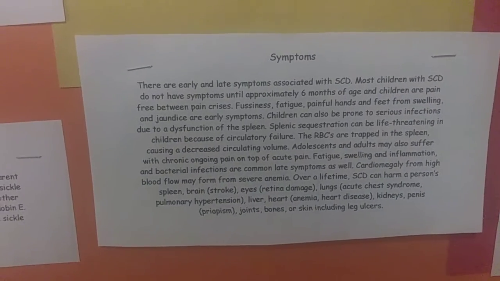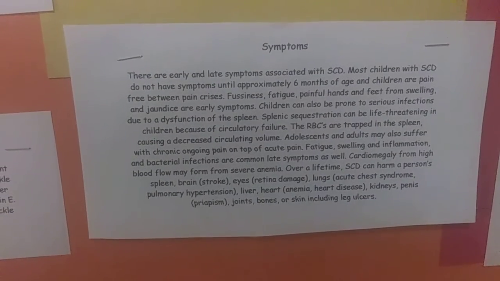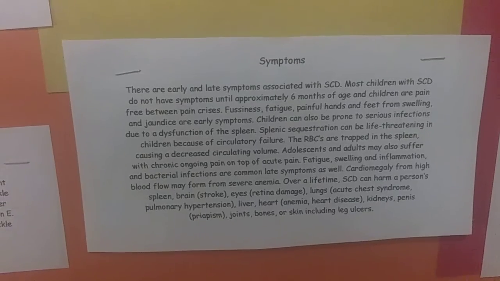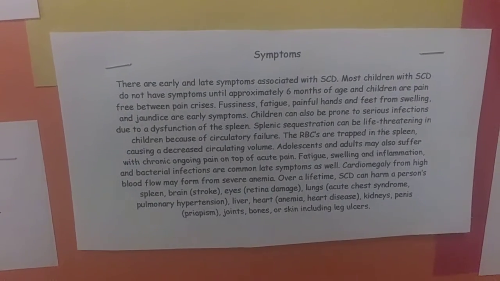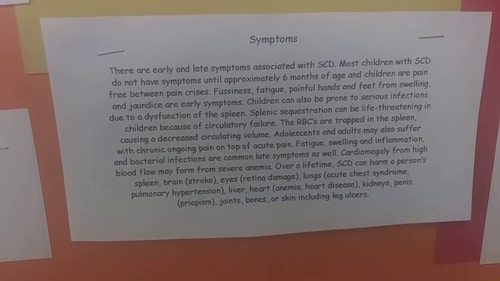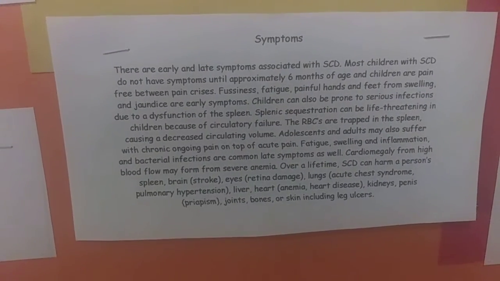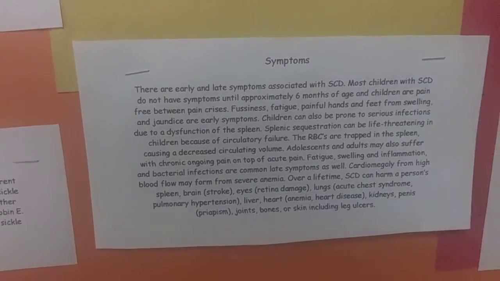Over a lifetime, SCD can harm a person's spleen, brain, strokes are an example, their eyes from retina damage, lungs, acute chest syndrome and pulmonary hypertension, the liver, their heart, just from anemia and heart disease, the kidneys take a hit, penile problems, joints, bones, or skin issues as well, like leg ulcers, are all symptoms.